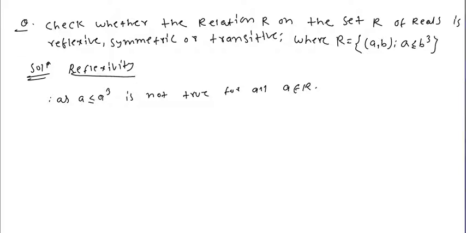Now a less than or equal to a cubed, that is a is associated with a, because the definition of the relation is a less than or equal to b cubed. We have to choose two elements, but in a reflexive relation we choose one element related to itself. So a less than or equal to a cubed is not true for all a belonging to the reals. For example, if a equals 1/2, then a is greater than a cubed, because a is 1/2 and a cubed is 1/8, so a is greater.